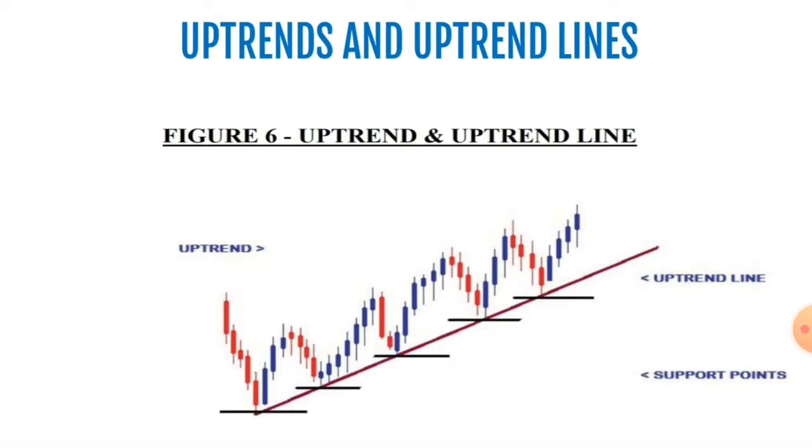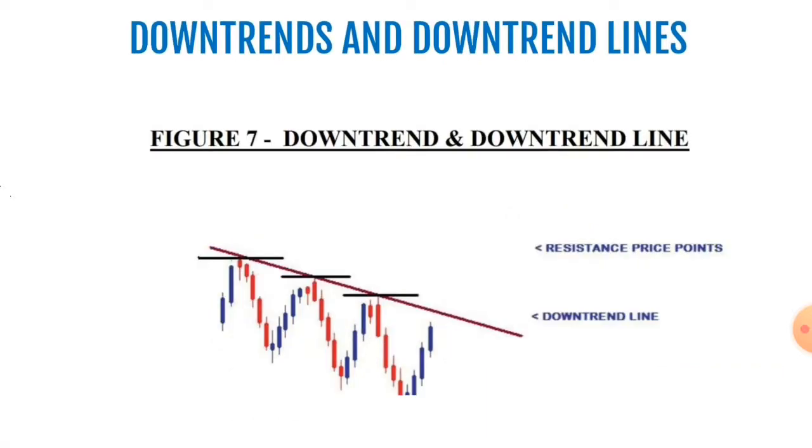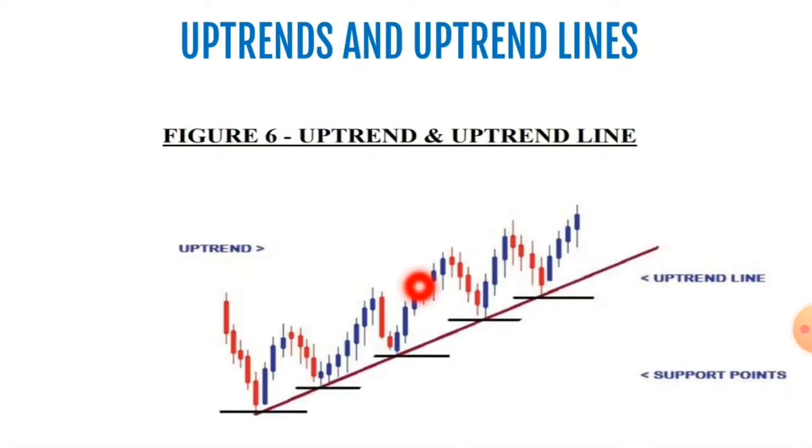Now, in terms of trading either an uptrend or a downtrend, the main idea is to trade in the direction of the market. So if we're talking about an uptrend, we're going to be trading primarily or only bullish signals that are in sync with the movement that is taking place in the direction of the trend.